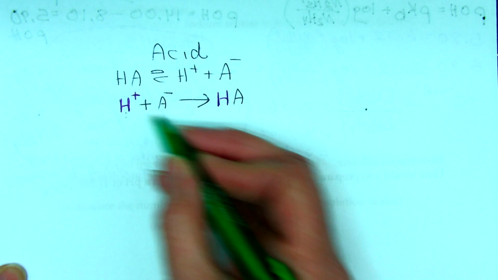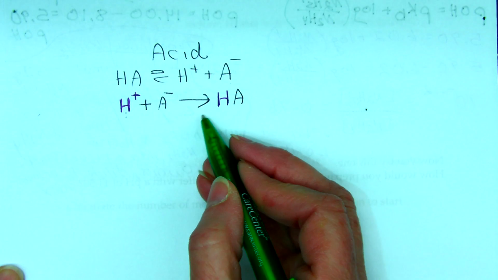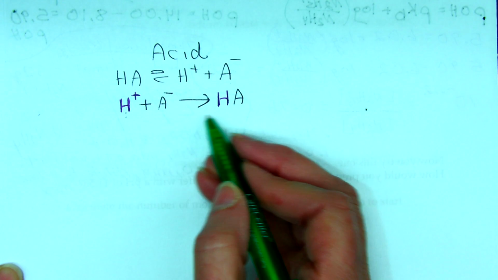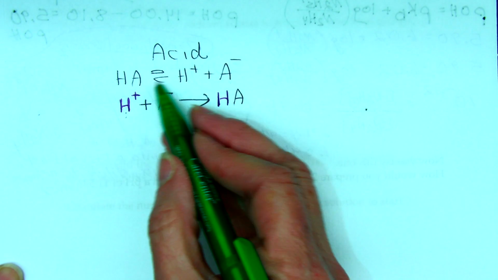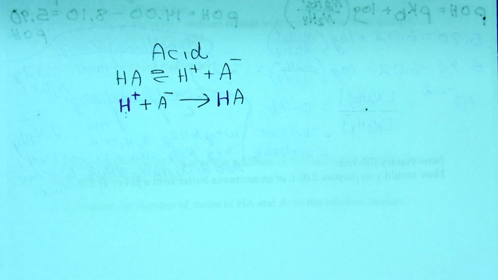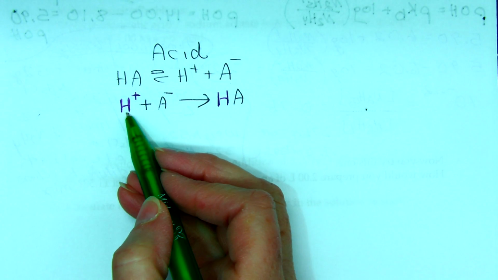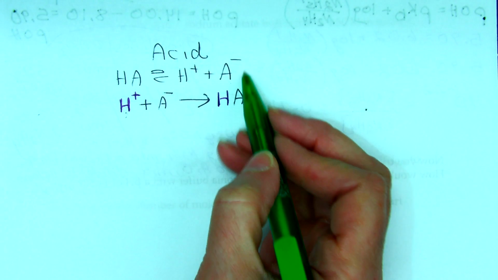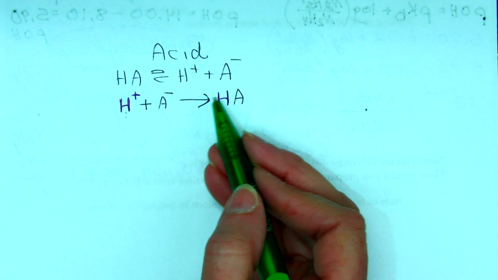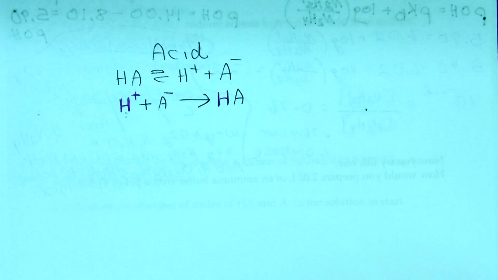But the reason I drew it in a different color is that often my students get confused by this and they ask, isn't that just the equilibrium? Well, yeah, it is. It's the same species and the same chemistry. But in order to understand the math, think of this extra hydrogen grabbing some of this A minus and making more HA. Then we restore equilibrium. Okay?